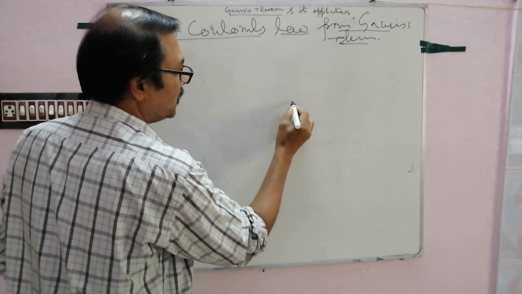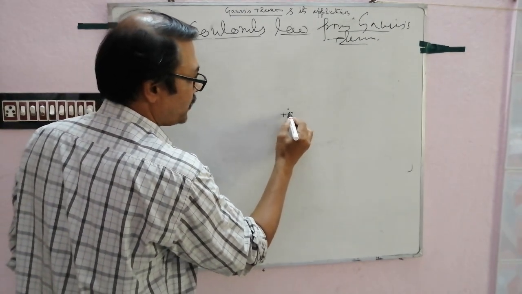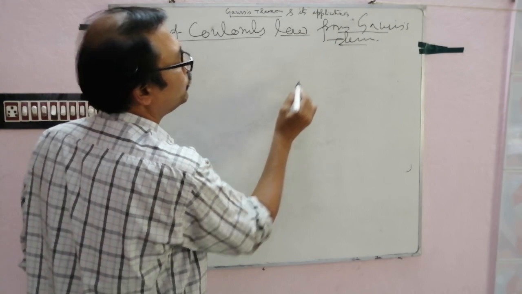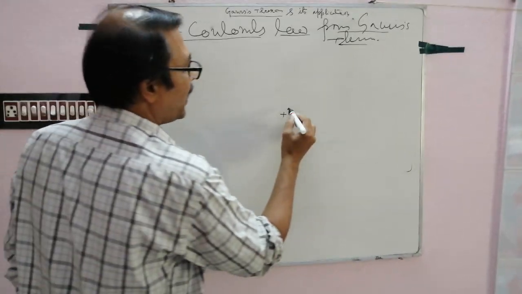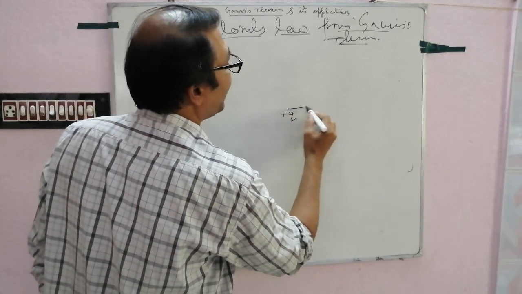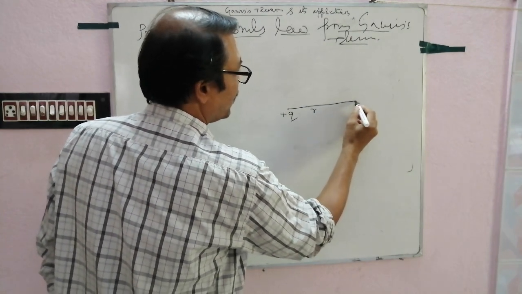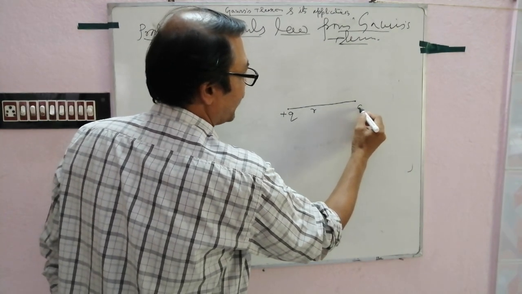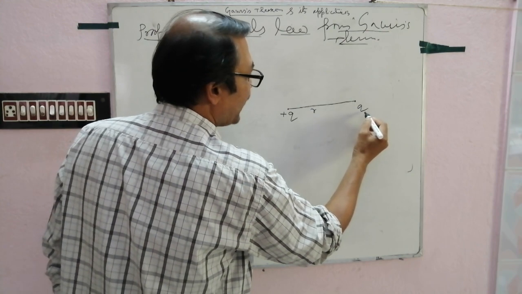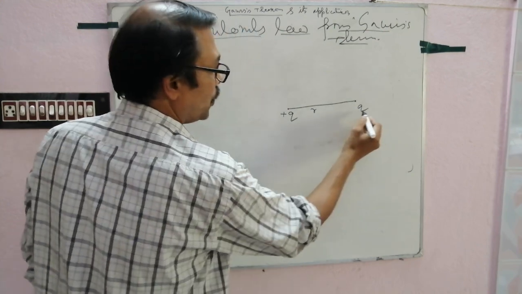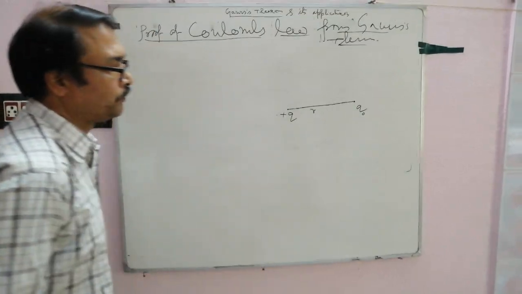Suppose this is a point charge plus Q, and at a distance r there is a test charge, another charge, suppose Q naught.